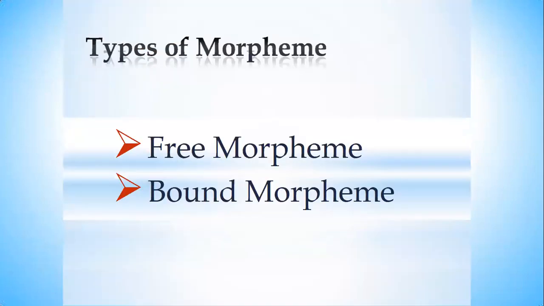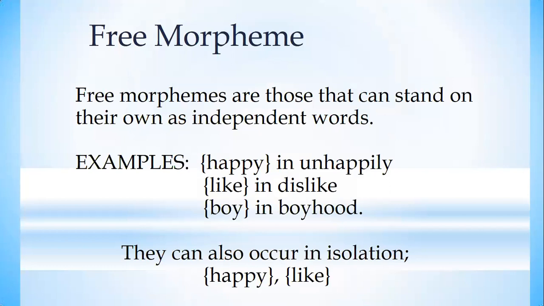Okay, we have two types of morpheme. First, the free morpheme and the bound morpheme. So what is a free morpheme? Free morphemes are those that can stand on their own as independent words. For example, happy in unhappily, like in dislike, boy in boyhood.